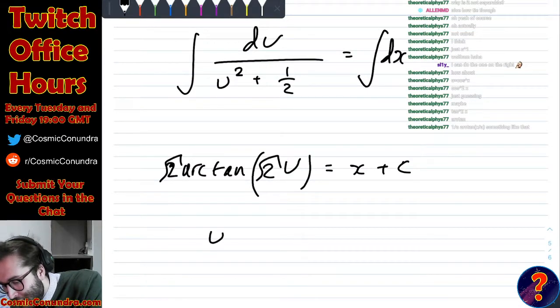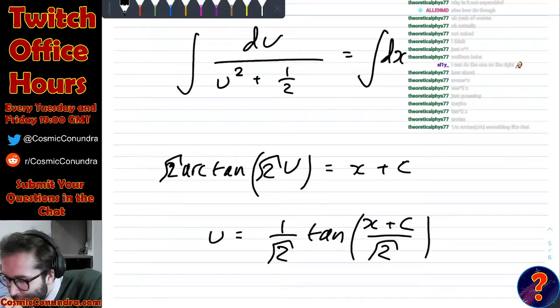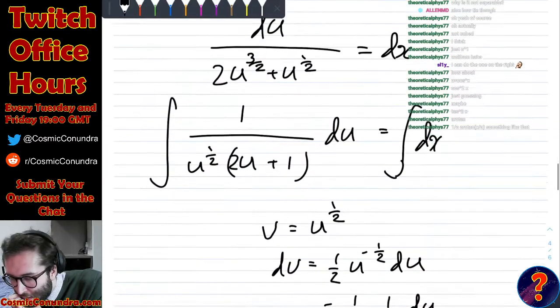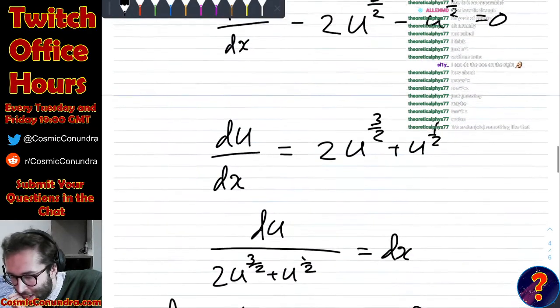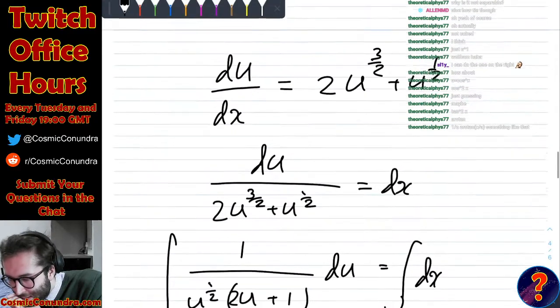Then that means that v is equal to 1 over root 2 tan of (x plus c) over root 2, I believe. And then remember, v we called u to the half, so u is just that squared, and u was equal to y prime squared.